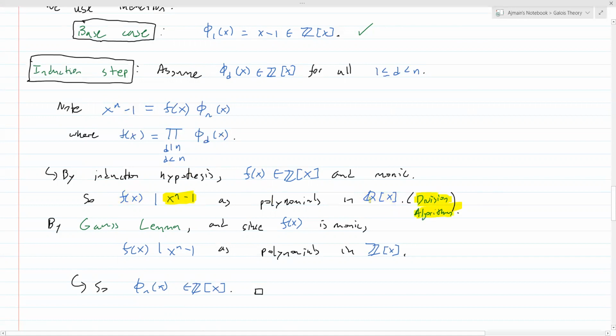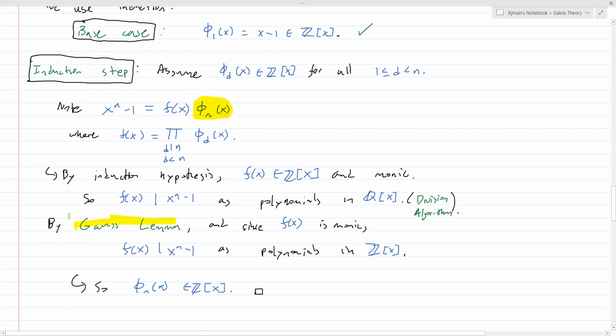The division algorithm states that if you have a polynomial ring with coefficients in a field, you can divide with remainder uniquely. In this case, since we have unique division and we also have this as an equation, that means that phi n of x is also a polynomial with rational coefficients.